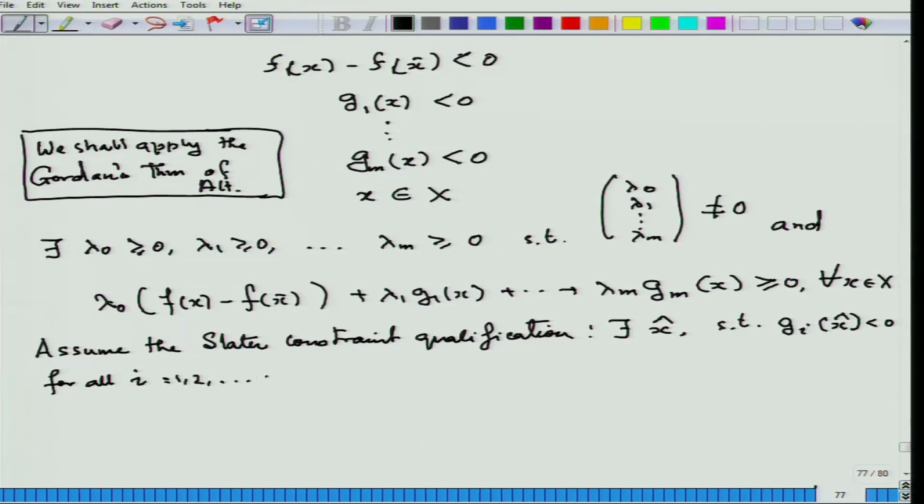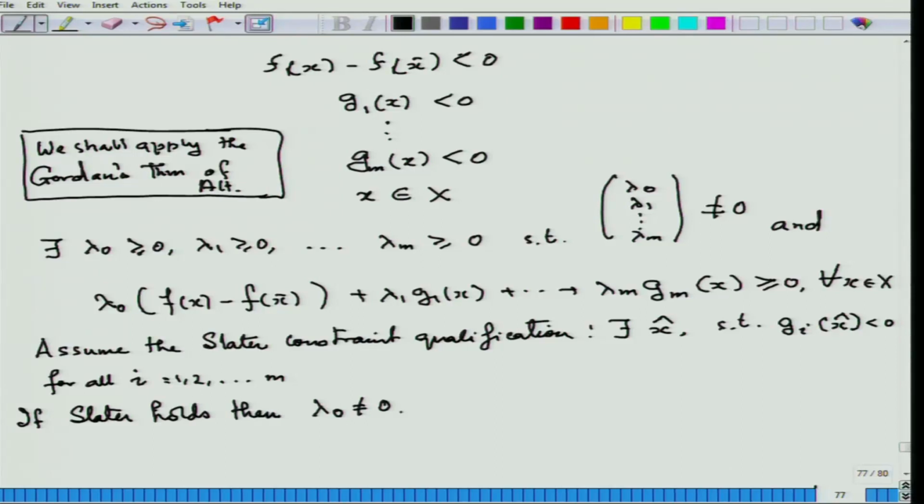If the Slater condition is true, if Slater holds, then lambda naught is not equal to 0. Why? The question is why lambda naught is not equal to 0.